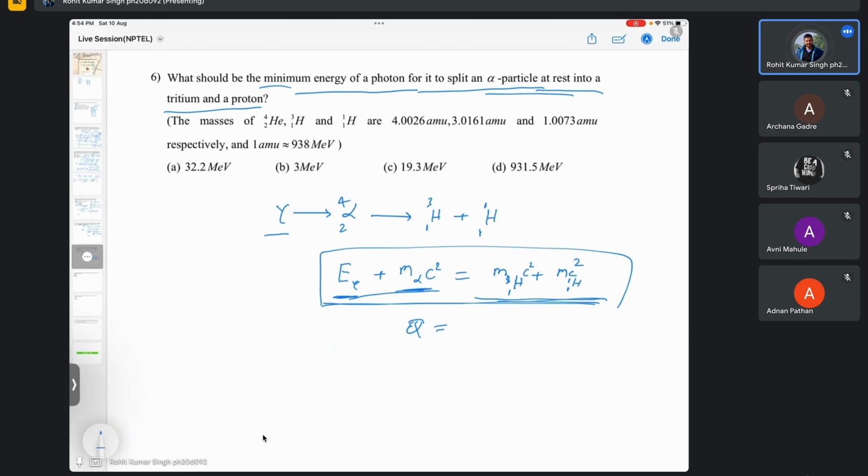Here we are splitting a nucleus. What is the definition of Q factor?